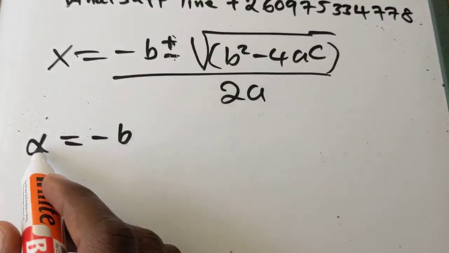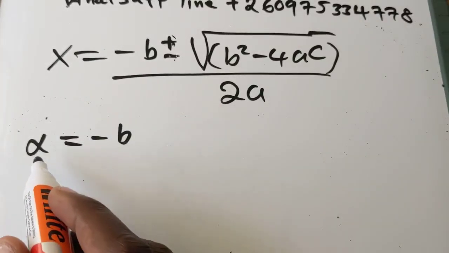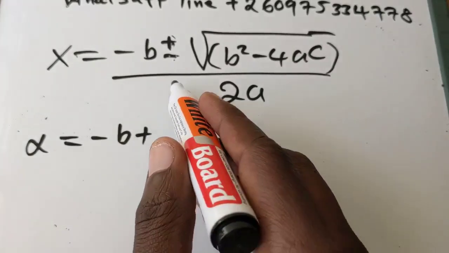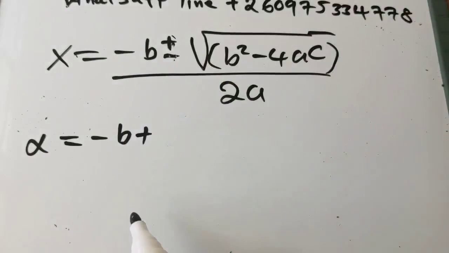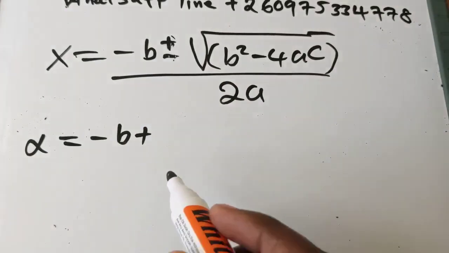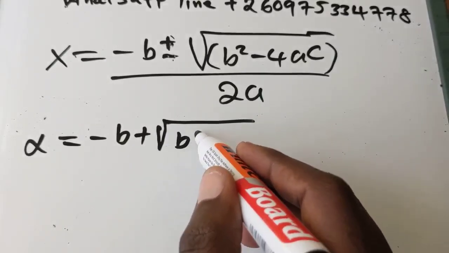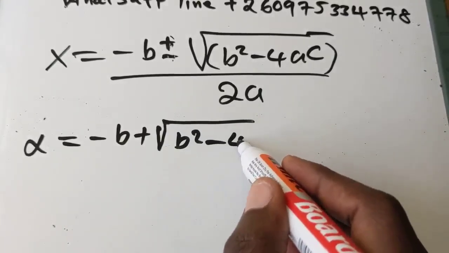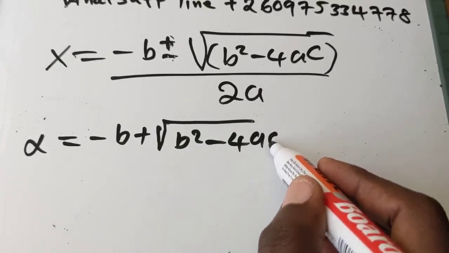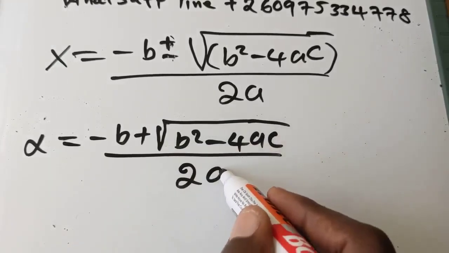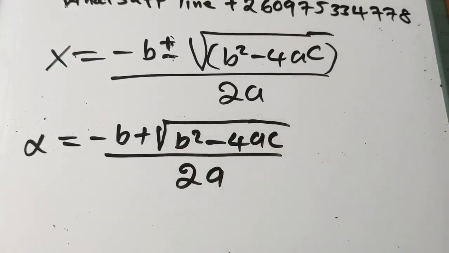We said that alpha is the one that gets the positive part, so we take the positive part and leave the negative, because the negative is for beta. So we'll write our formula as the root of b squared minus 4ac over 2a. So this is the alpha.